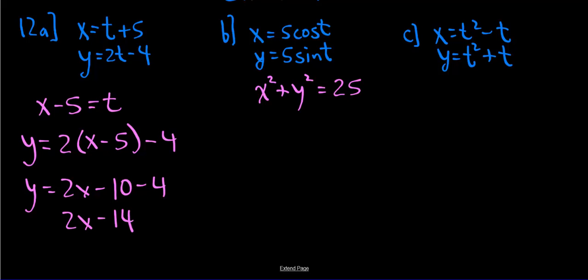Now this one looks a little bit tricky because solving for t is a problem. However, notice you can do this. You could say, let me find y minus x. It's going to be t squared plus t minus t squared minus t. Let's see what that gives you. y minus x equals 2t.